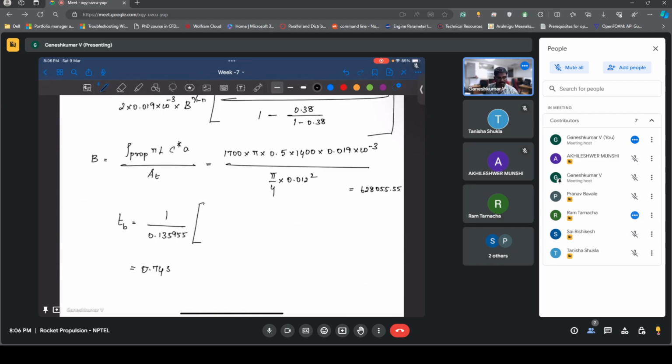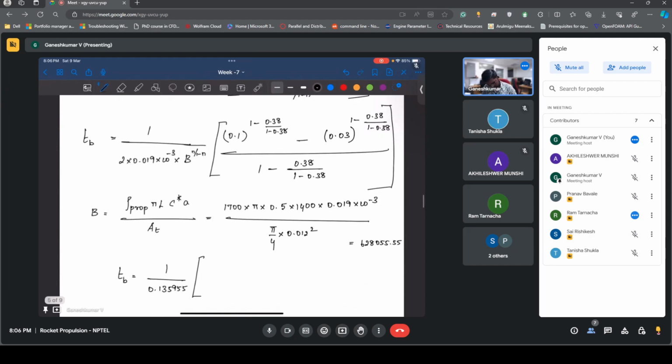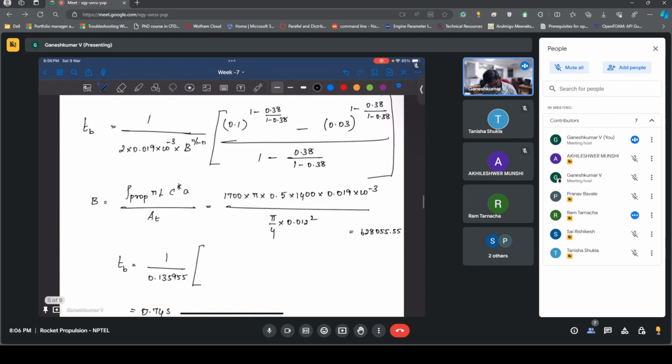Is that Tanisha? Let me check once. Maybe it is wrong. So this is coming out to be 0.387 minus 0.03, 0.387 divided by 0.387.